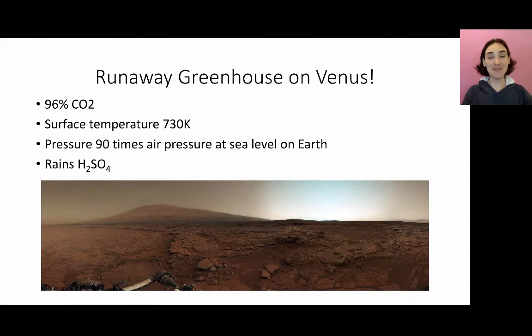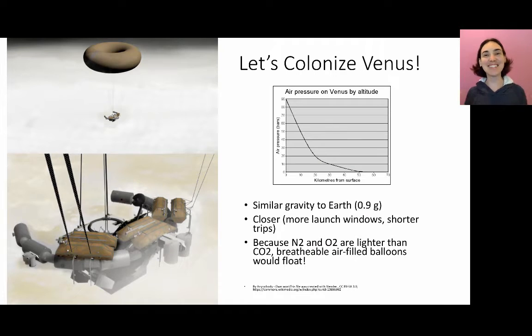So Venus sounds like not a very nice place to go and live, but let's colonize it. Let's go there. Because if we just didn't limit ourselves to thinking about going down to the surface, we could actually get an incredibly Earth-like environment about 50 kilometers up. The air pressure 50 kilometers up from the surface is very similar to the air pressure on Earth.